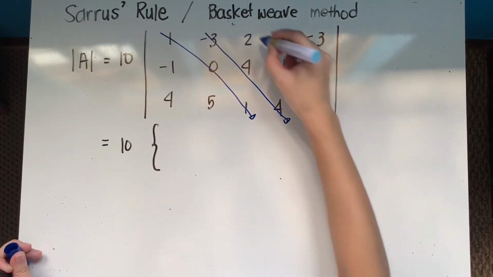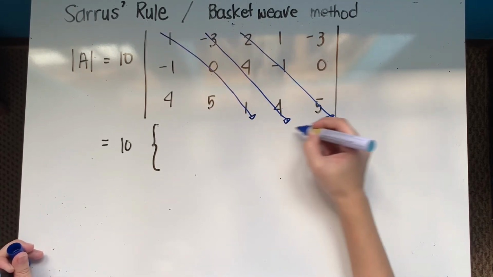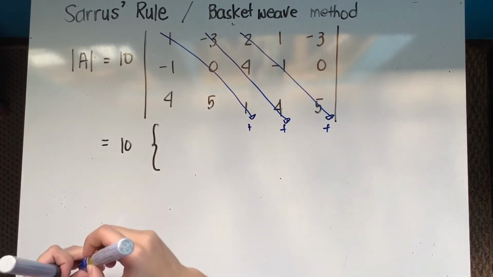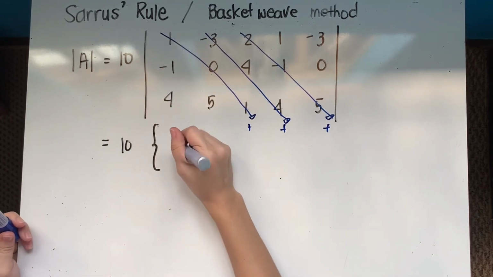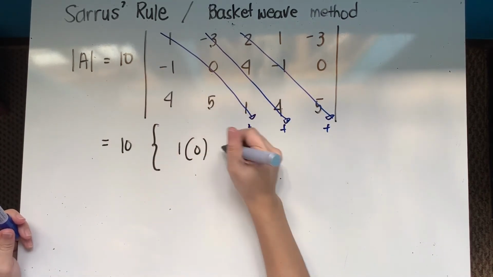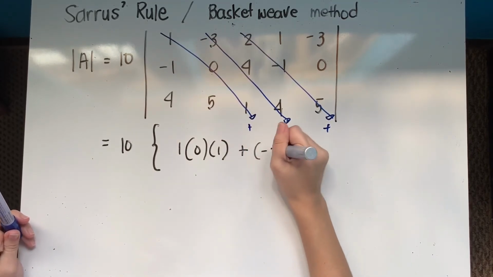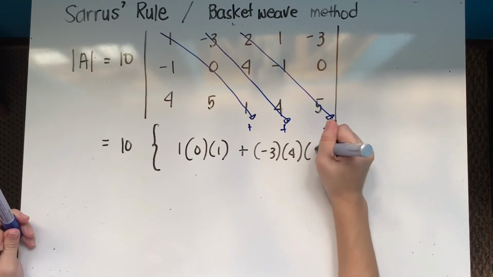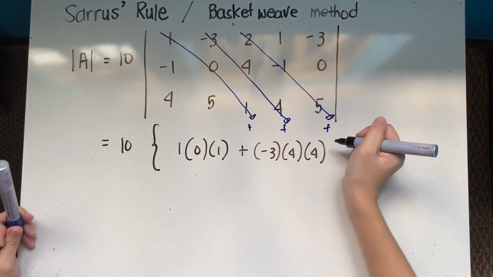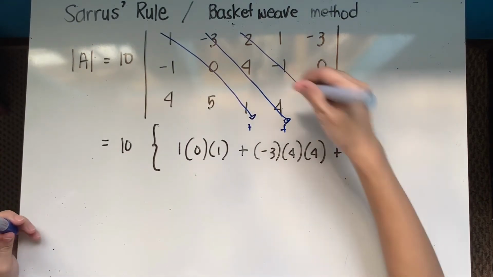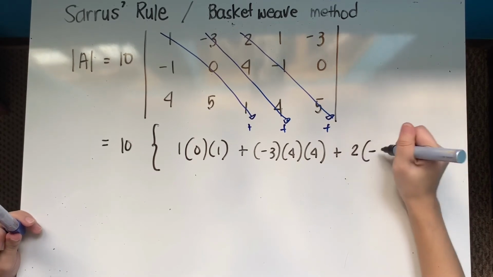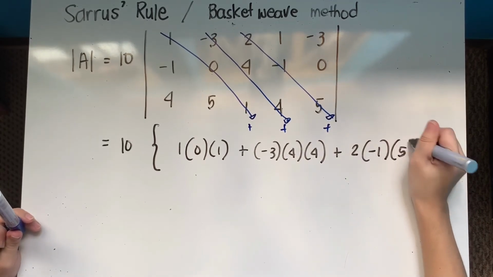Di ba? Which will obtain positive signs. So, let ito positive. Therefore, you have positive 1, 0, and 1. Plus, you have negative 3, positive 4, positive 4. And then, plus 2 times negative 1 times 5.